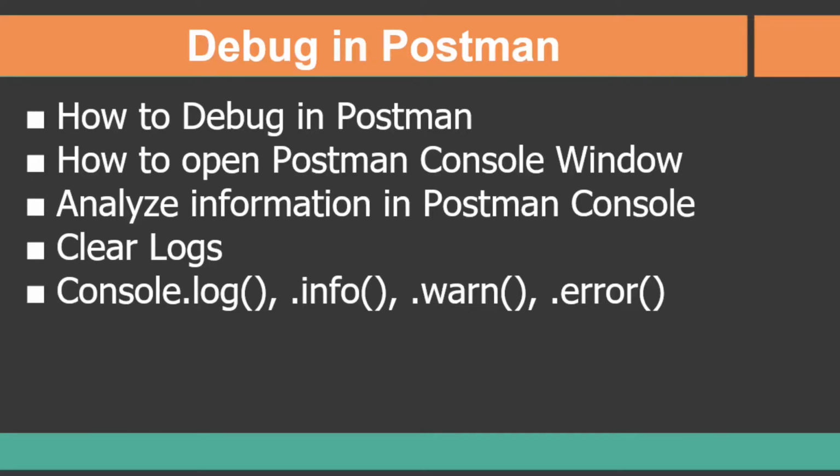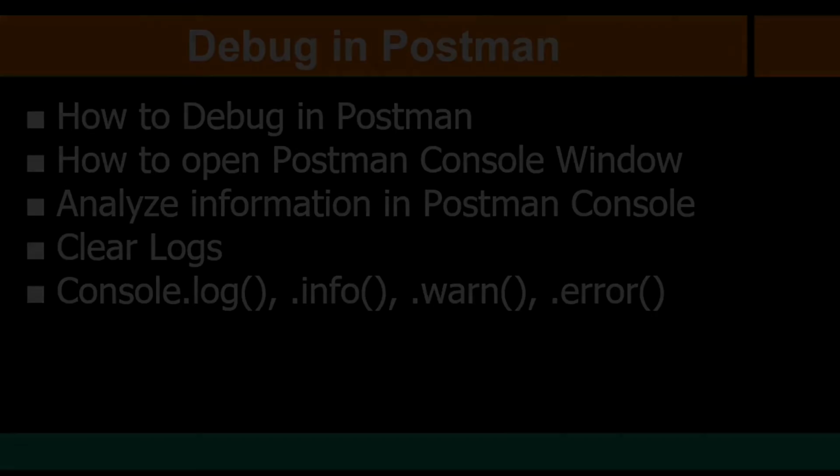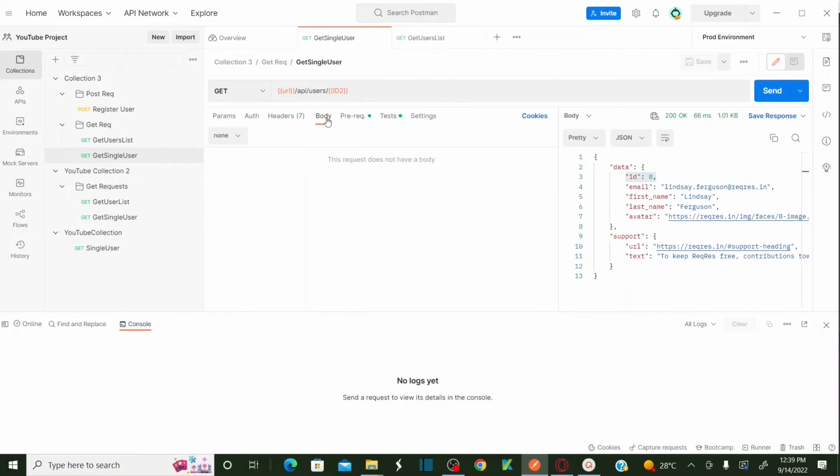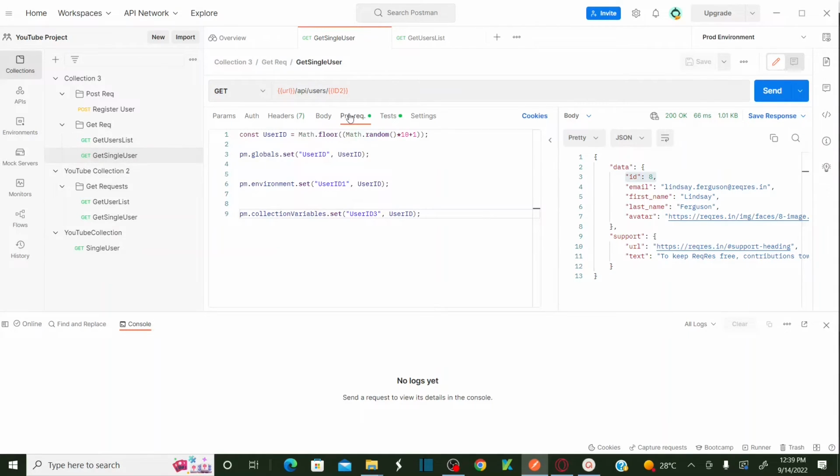So now let's jump onto the system and see how we can perform debug by using the Postman tool. This is my Postman tool. In my previous session, I explained the concepts of how to script in Postman.